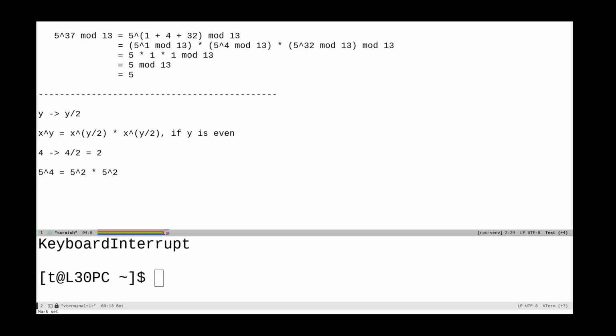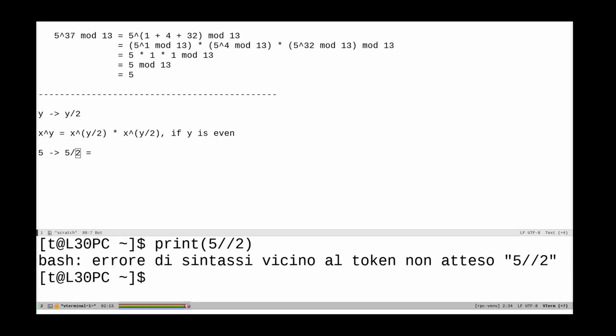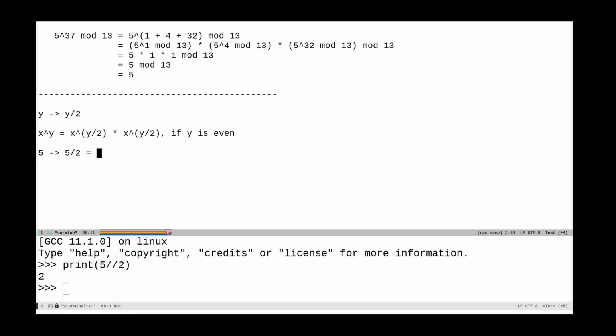If it is odd, instead, for example if I have 5, when I do 5 divided by 2, of course, I have to do the integer division, which in Python is the double slash. No, this is not Python, this is bash. So in Python, it's the double slash. I get 2. Technically it's 2.5, but I floor it, I take the lowest integer, so that's 2.